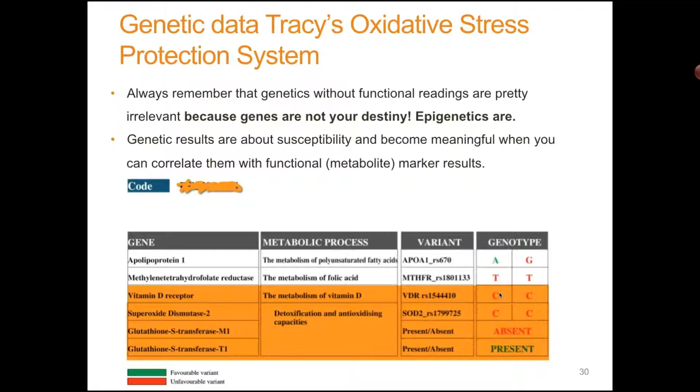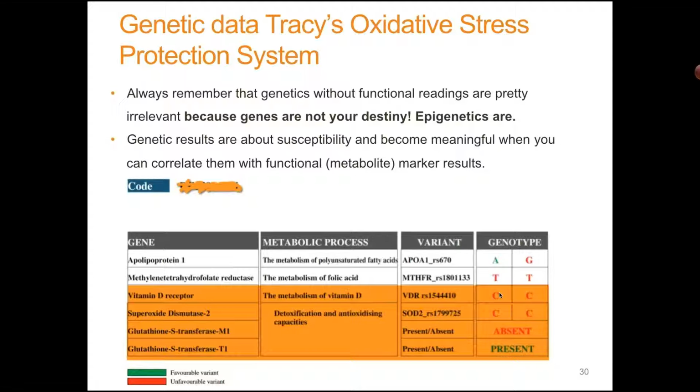She also has a negative variation for superoxide dismutase, and one of the glutathione genes is absent, so it's deleted. You see, glutathione genes don't have SNPs; they're either there or not. And the M1 is absent.